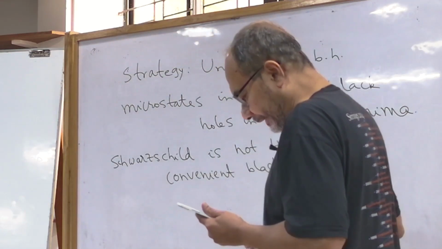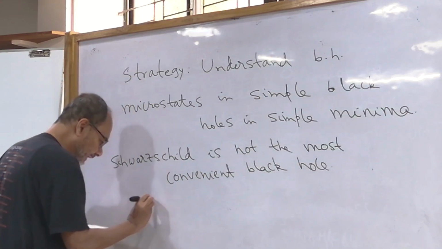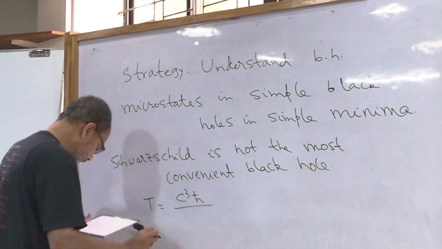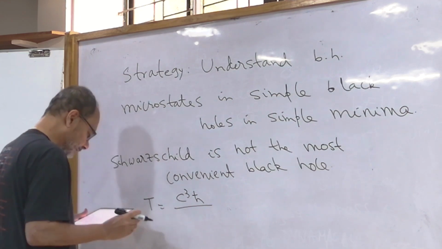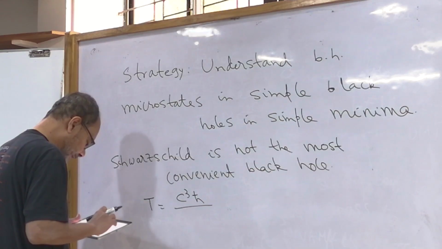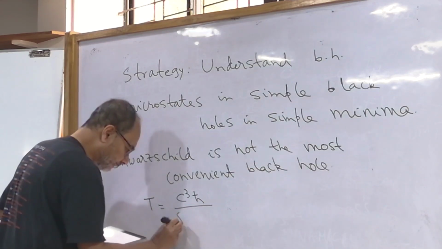And the reason can be found in this formula for the temperature that I wrote. So let me write it again. So T is c cubed h bar over 8 pi G k_B M.